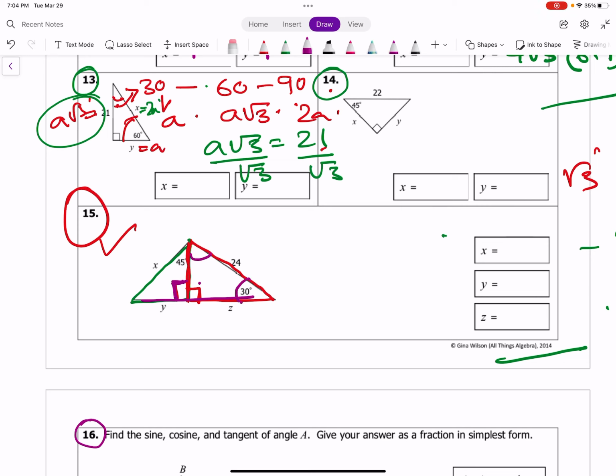Since there is a 30, there must be a 60. There is a value here, but x and y are unknown, and this side is also unknown. So let's try with this. Opposite 30 is A, opposite 60 is A radical 3.